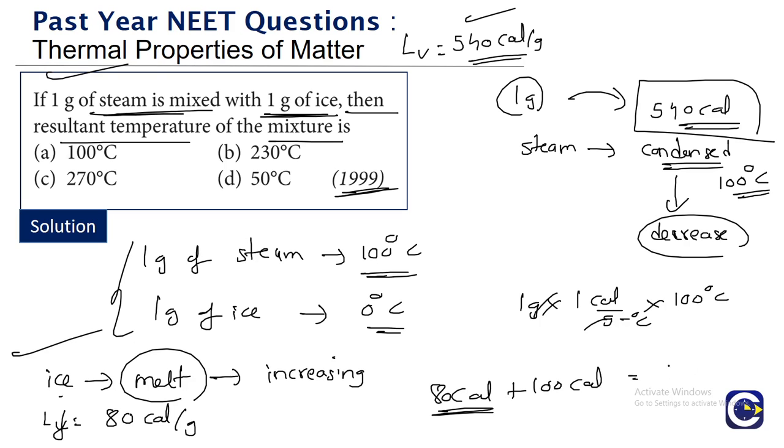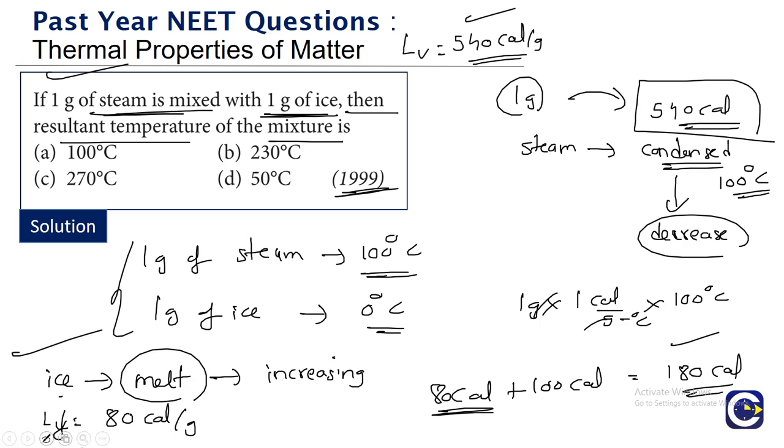The total energy requirement is just 180 calories. So to melt the ice at 0 degrees Celsius and to increase the temperature of the water formed from 0 to 100 will require only 180 calories. But by condensing 1 gram of steam, we will be getting 540 calories.